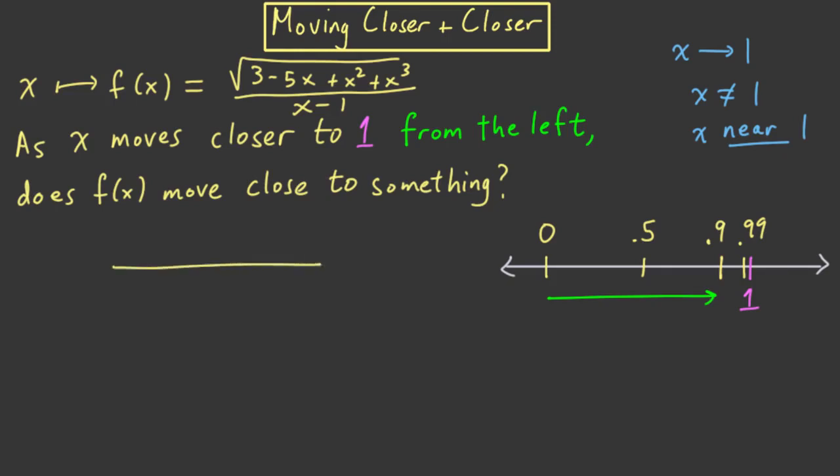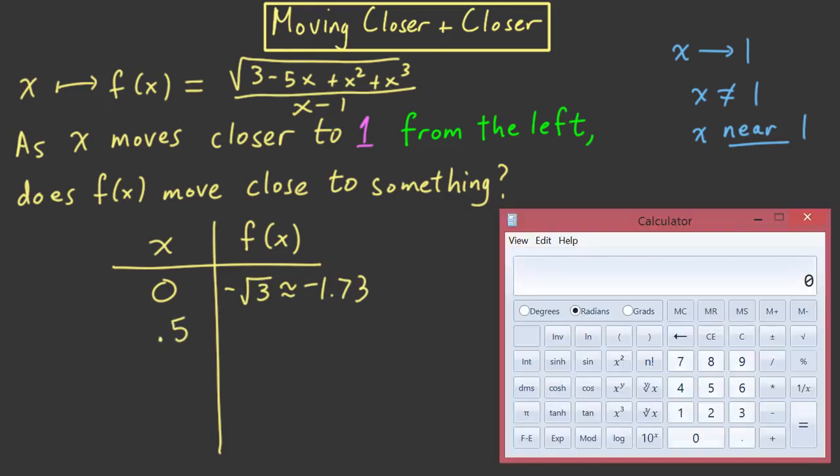Okay, well, let's make a table with our chosen inputs and the associated outputs, and let's just calculate those outputs. So when we plug in 0, we'll get a square root of 3 on top divided by minus 1, so minus square root of 3, which is roughly minus 1.73. Next up is x equals 0.5.